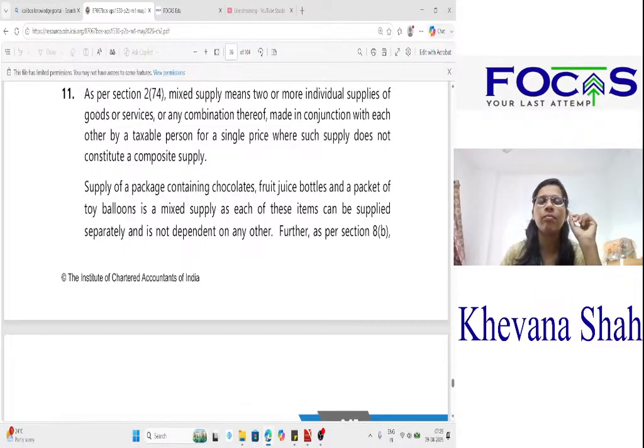See, as per section 2(74), mixed supply means two or more individual supplies of goods or services, or any combination thereof, made in conjunction with each other by a taxable person for a single price, where such supply does not constitute a composite supply. So the first thing, as I told you, was to rule out the possibility of composite supply.